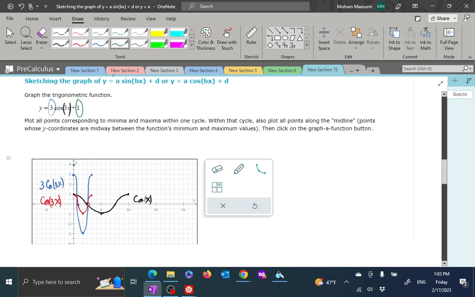So 4. I come to 4. This was minus 3, it has to come to 2. Now it's getting a little bit crowded here, but this intersection that was at 0 gets lifted up to 1.